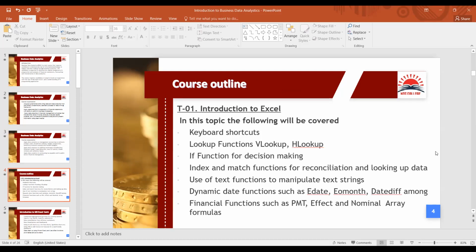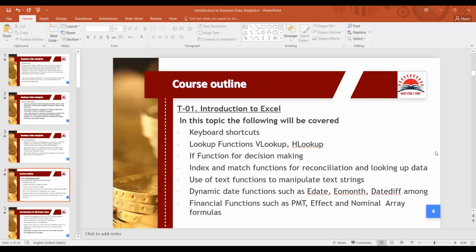Basically, the first unit or the first topic is Introduction to Excel. And I'm just going to give a highlight of what you should expect as you enroll for this course. Part of the first topic, Introduction to Excel, you are going to cover the following: basically the understanding of Excel, including the keyboard shortcuts.